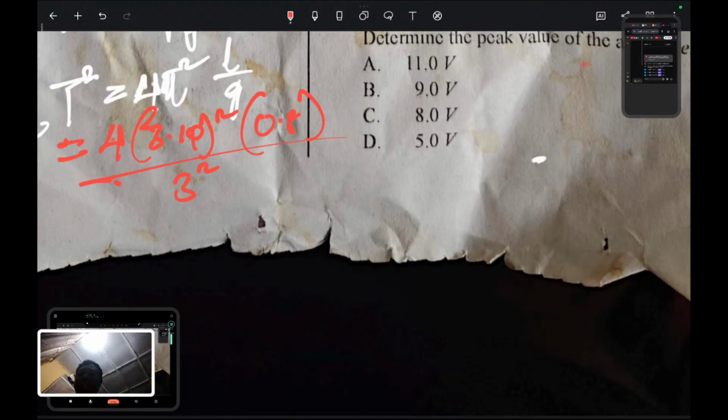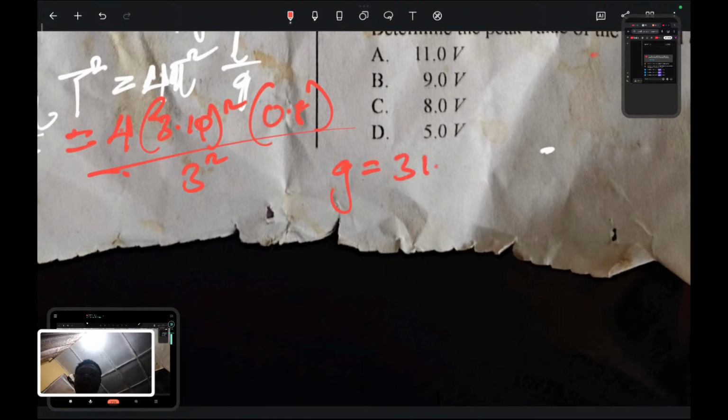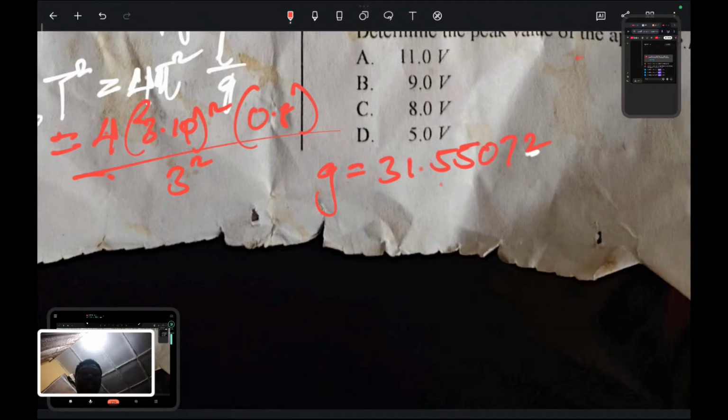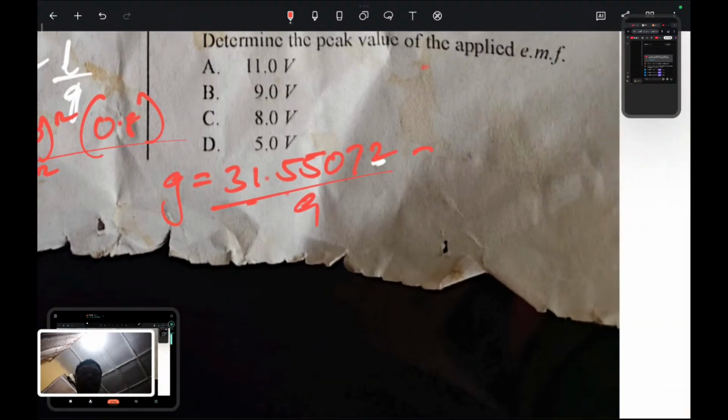If we multiply that by 4 and by 0.8, we're going to have G equal to 31.55072 divided by 3 squared, which is 9. So our final answer gives us 3.51 meters per second squared. This is our final answer, and this is our option.